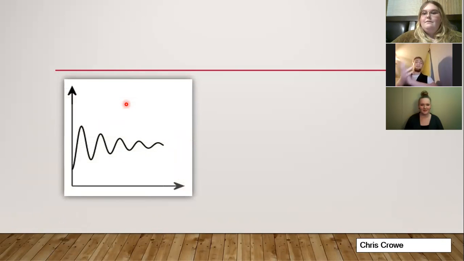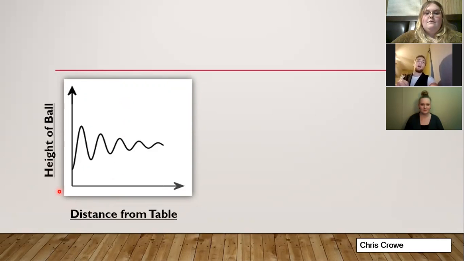So here we have the graph to represent a ball being dropped from the top of a table and watching it bounce away. So here we see a squiggle, and it makes perfect sense because when a ball is dropped from the table, when it bounces, it's going to reach its highest point, and then every subsequent bounce is going to decrease in height as the distance from the table increases, as the ball gets further away.